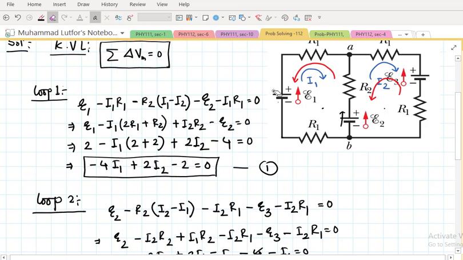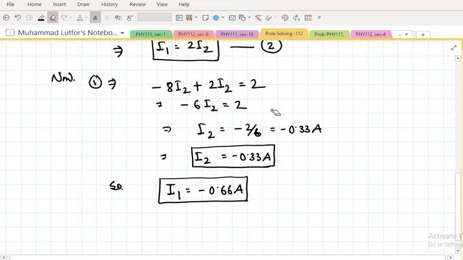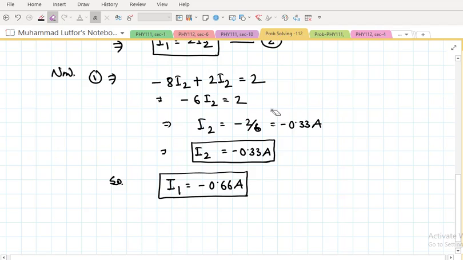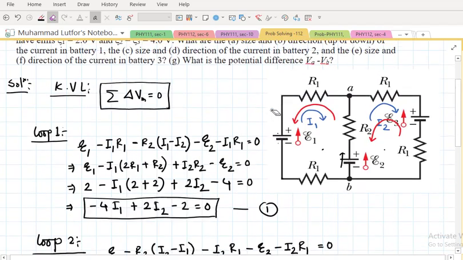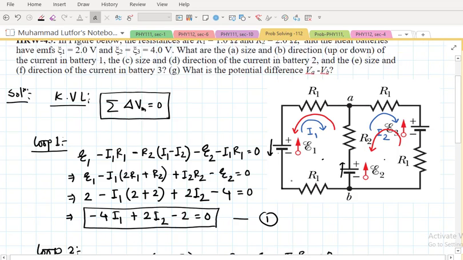They asked me in question number A to find I1, its magnitude is 0.66 ampere, and the direction through that E1 battery would be downward, right? Since the actual current through the battery in that branch is in that direction. So that's why the current through the battery E1 would be downward.